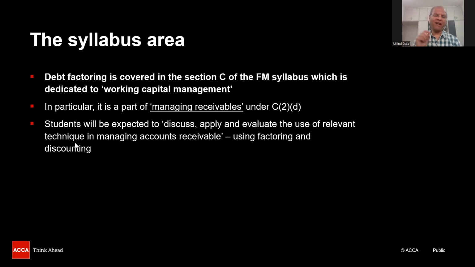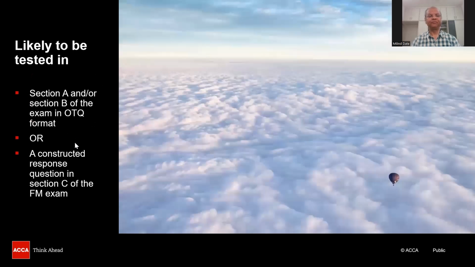So even factoring as a syllabus area qualifies to be tested even with the help of objective type questions. So that's what I said. Section A and B, OTQs, and section C, the constructed response type questions.